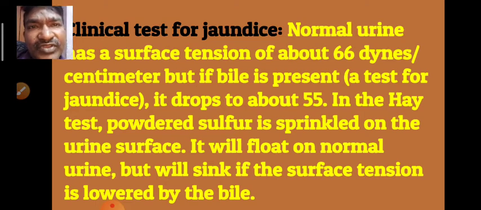Due to the lower surface tension, the sulfur sinks into the urine. If it is the urine of a normal person, then that sulfur will float on that urine. So like that, we can easily test whether a person is suffering with jaundice or not, based on the surface tension.